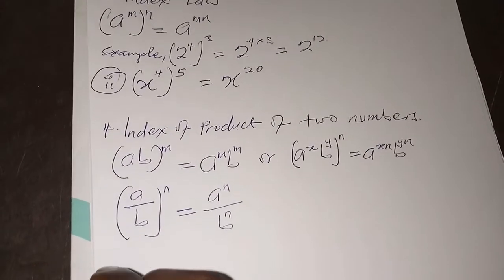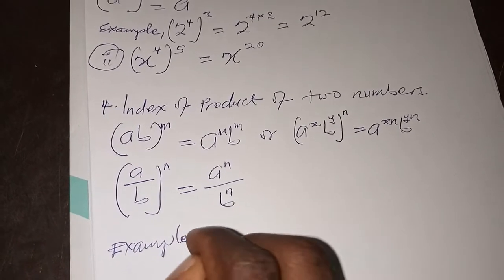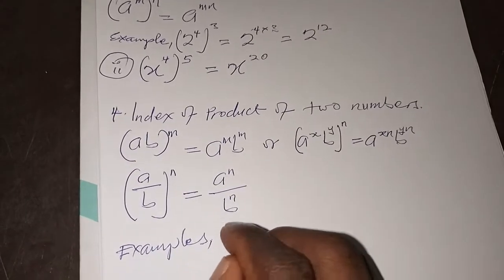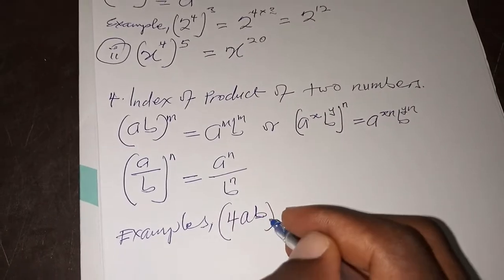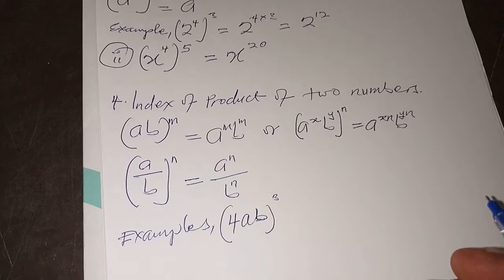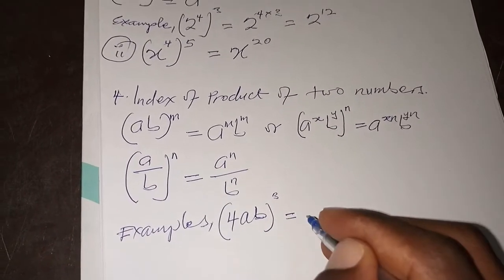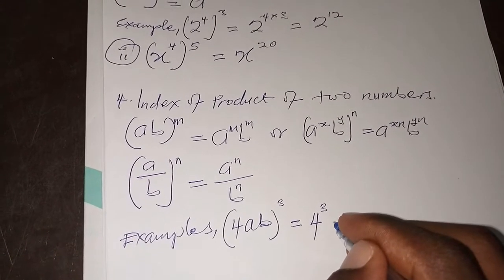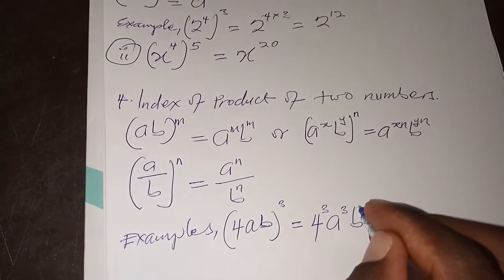Let's take some examples. The first example is (4ab) all cubed. You agree with me that from the explanation so far, this is going to mean 4 cubed times a cubed times b cubed.